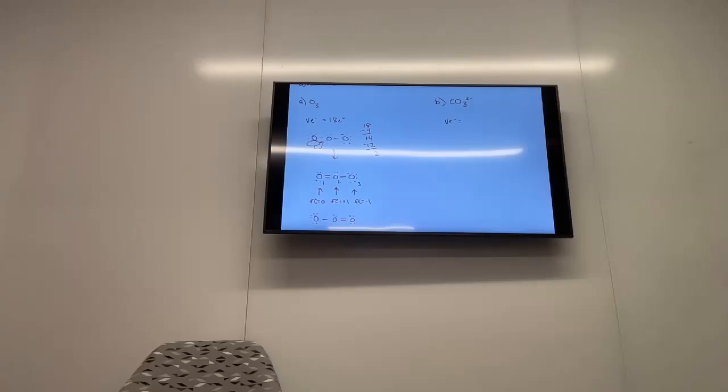So I believe we should have 24 valence electrons. Do you agree with that so far? Yes. What's going to be our central atom here? Going to be carbon. And then where are we going to put our outside atoms?